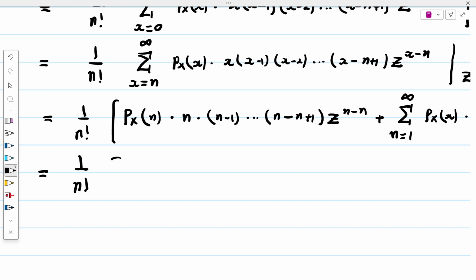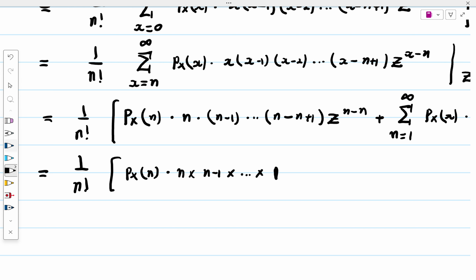This 1 on n factorial can stay the same. We've got px of n, so that stays the same, times n, times n minus 1, times dot dot dot, how far do we go? Well, look, we go all the way to n minus n plus 1. In other words, we go all the way to 1.